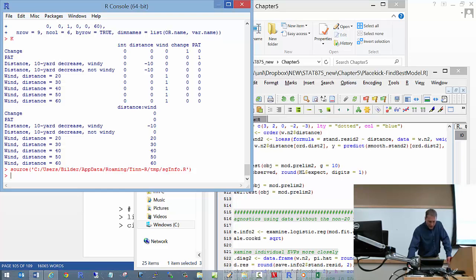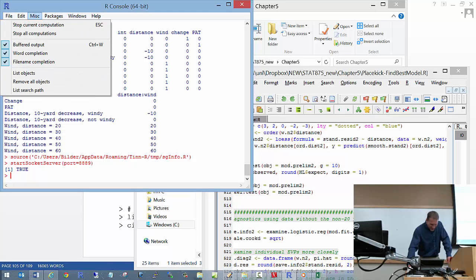Oh, I already had run the code, so why don't we just look at it this way? This will work just as good.